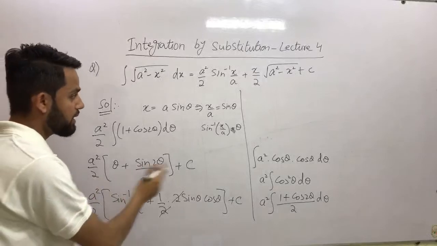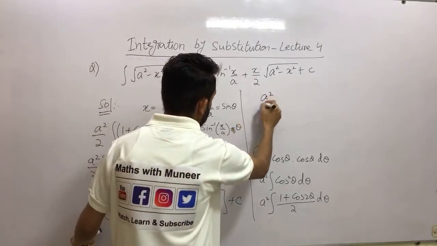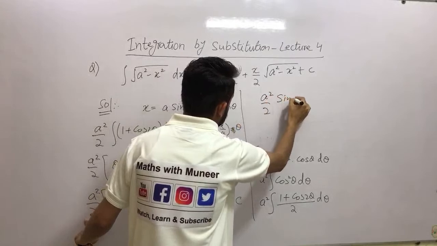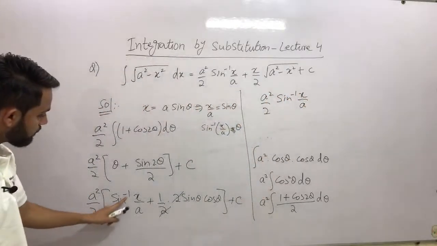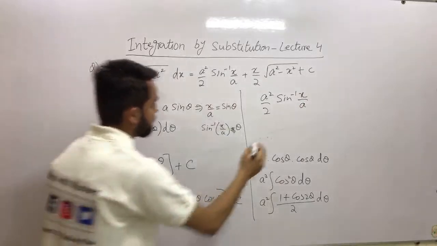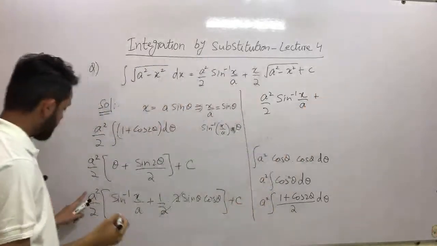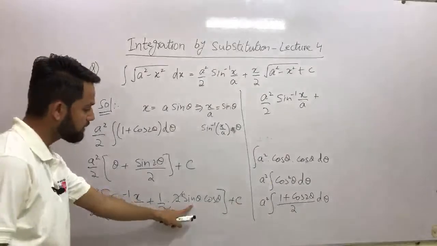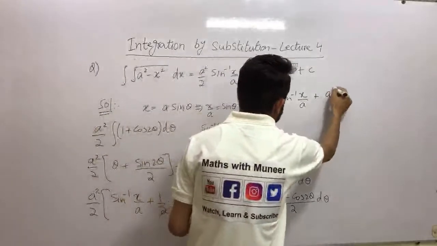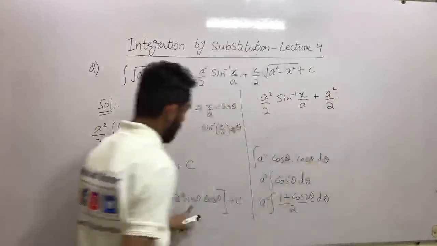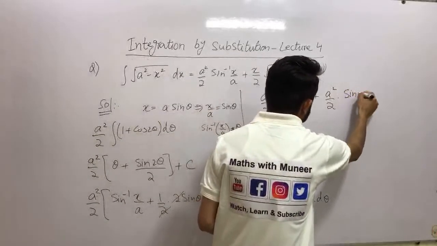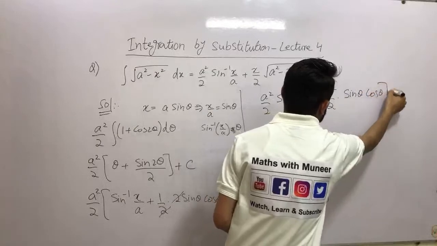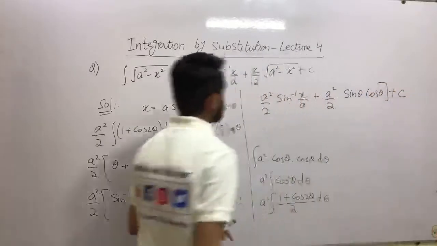Okay, so this is a square over 2 sine inverse x over a. I am multiplying the outer part, a square over 2 sine inverse x over a plus, again this a square over 2 will multiply with this whole thing, a square over 2 dot sine theta cos theta plus c.